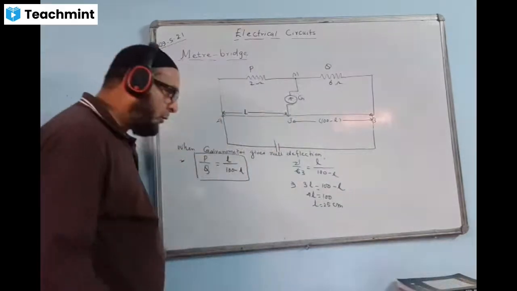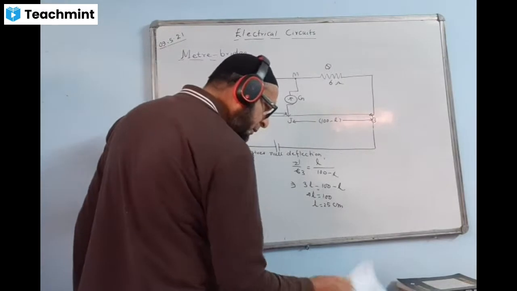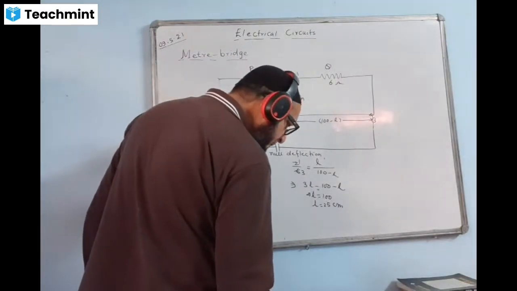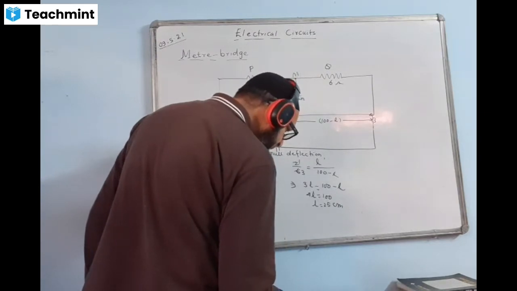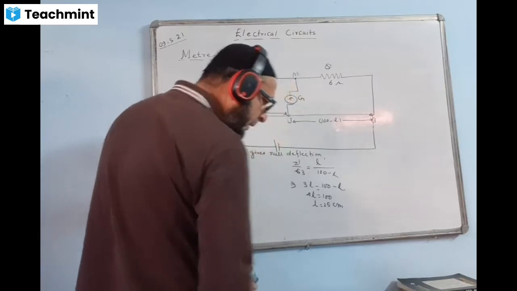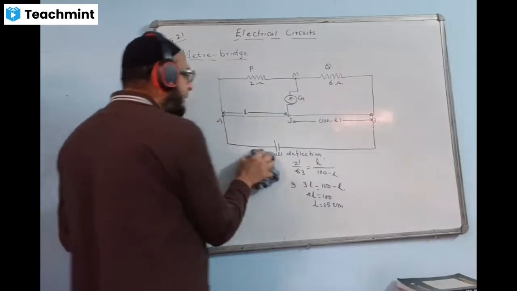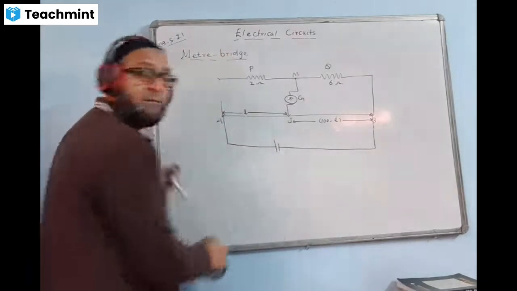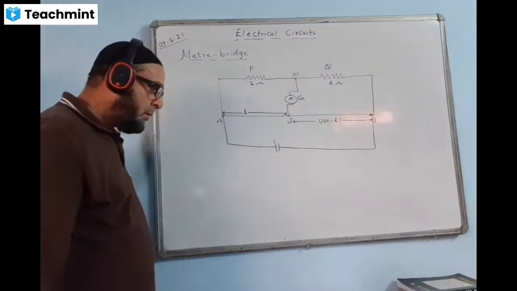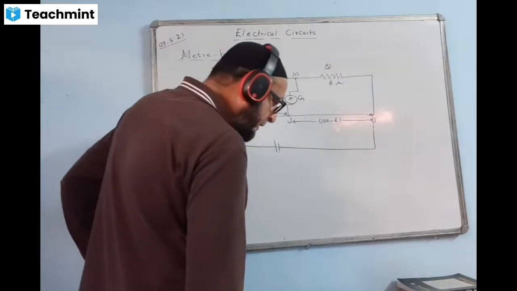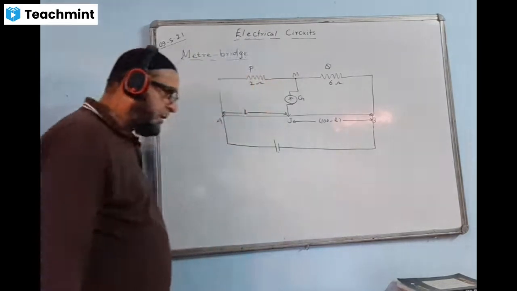In the circuit shown below, the length of the wire AB, capital AB, equal to 100 centimeters.